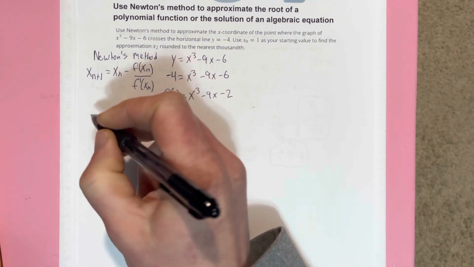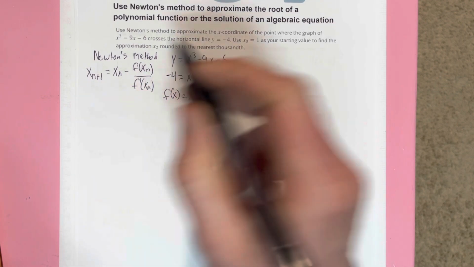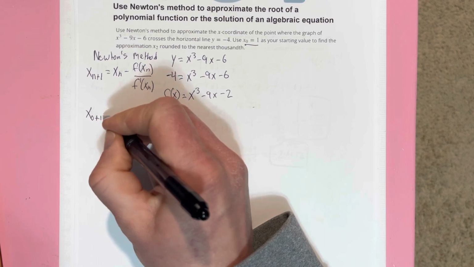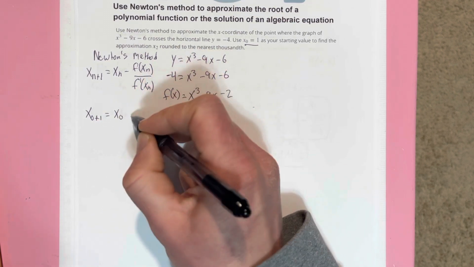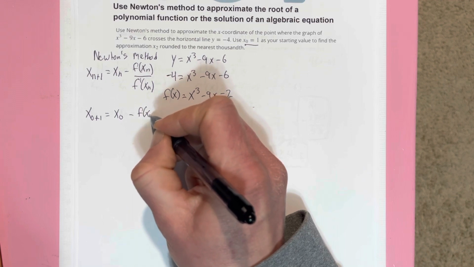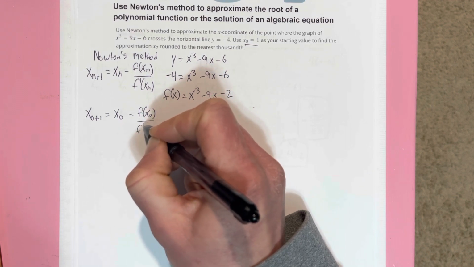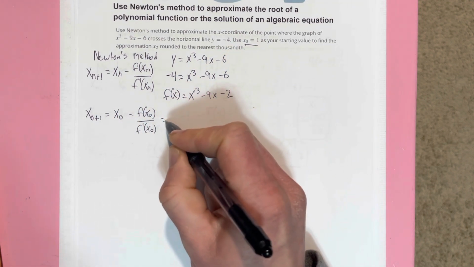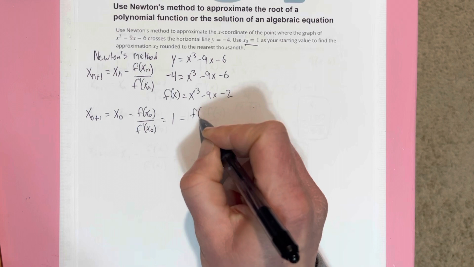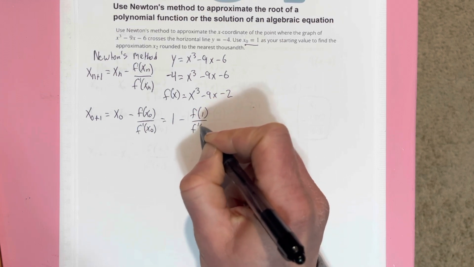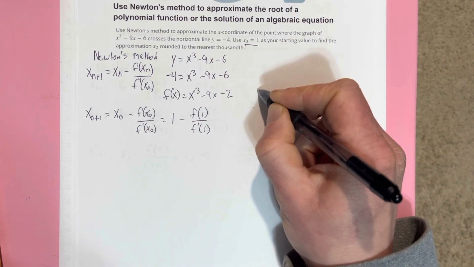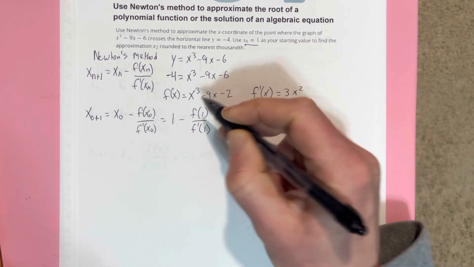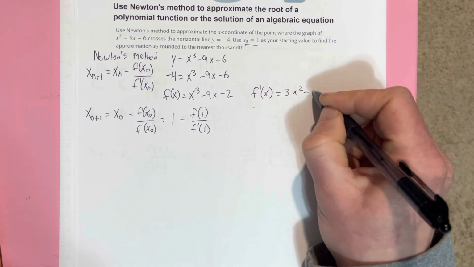So in our case, for the first iteration, because they give us x0 is 1, we want to say x sub 1 is equal to x sub 0 minus f of x sub 0 over f prime of x sub 0. Which really means we want 1 minus f of 1 over f prime of 1. So we need to find f prime. F prime of x would be 3x squared, when I take the derivative here, minus 9.